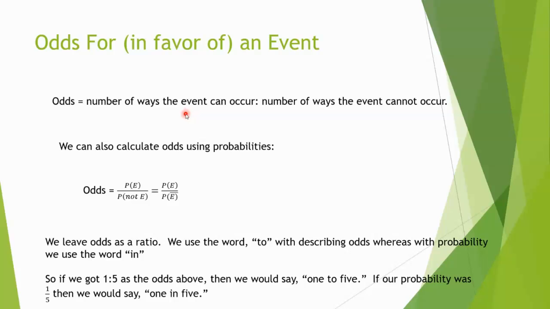It's the number of ways that event can occur, and the second number here is the number of ways the event cannot occur. I mean, we could calculate using probability. You have the probability of E divided by the probability of not E, or E complement, in other words. But you would write this answer as a ratio.